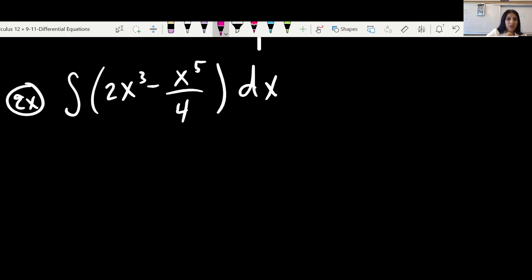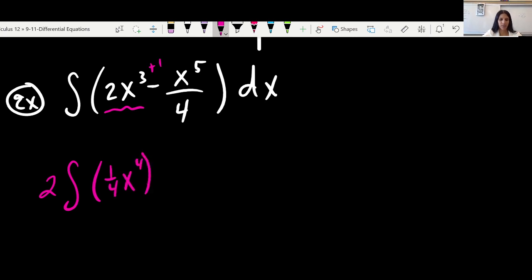So I could pull out this 2 out front and leave that there, and then just work on this term here. So I could do x cubed. I know with x cubed, it's like saying plus 1, and then I'm going to put it over 4 up in front. So the 2 is out front, and in brackets here I'd have a quarter x to the power of 4. So I hope that by now that's making sense to you and you're good with that.